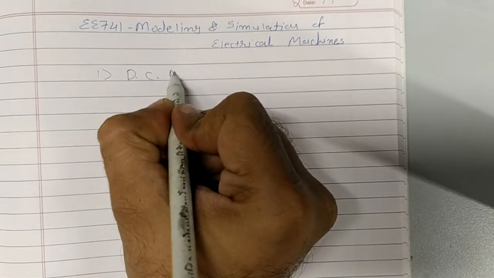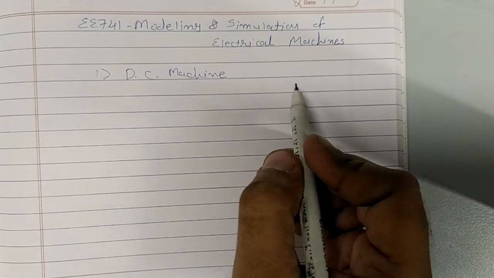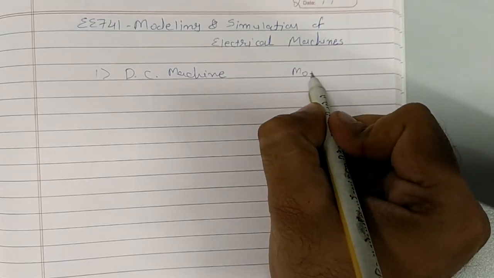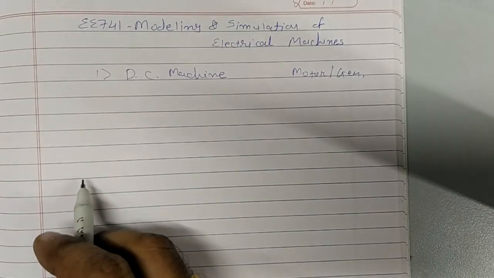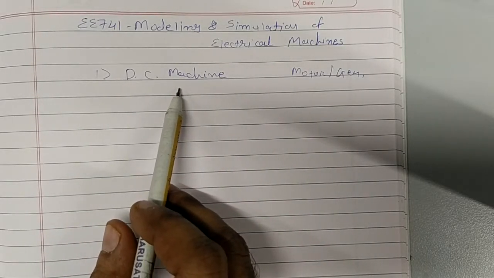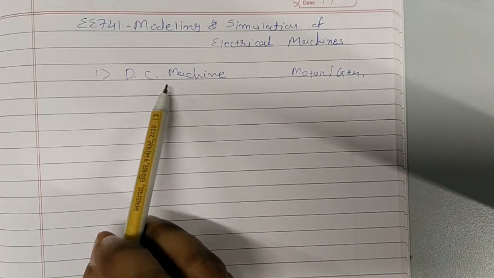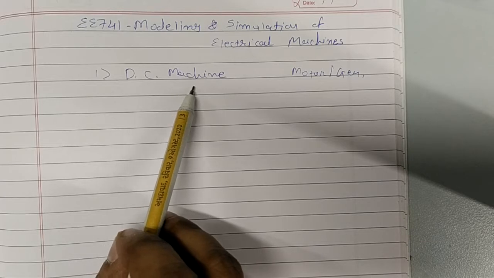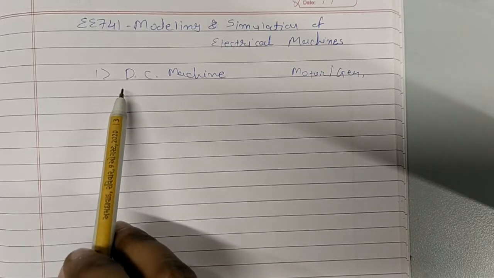You already know the DC machine operates in both modes, motor and generator. So what are the basic parts of this DC machine? The DC machine would be the first machine that you would have studied in your electrical machines, along with the transformer.